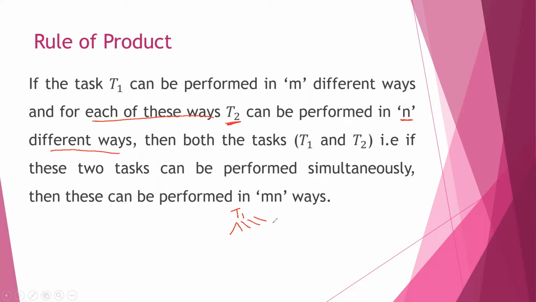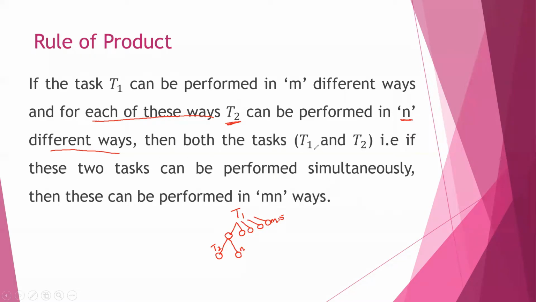Now as per this example, the m value is 5. For each m, I have the possibility of the T2 task. Here I have the possibility n, that is n different ways.